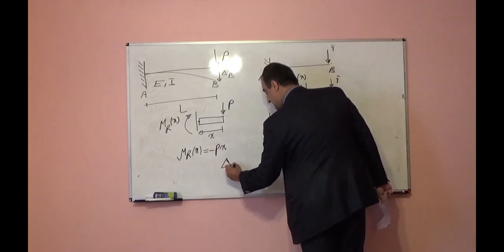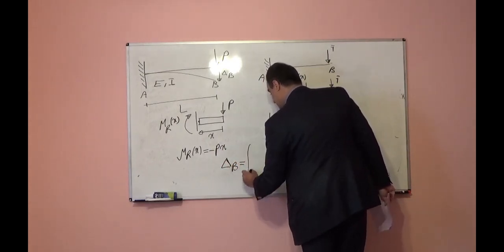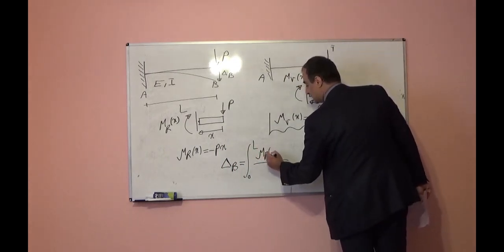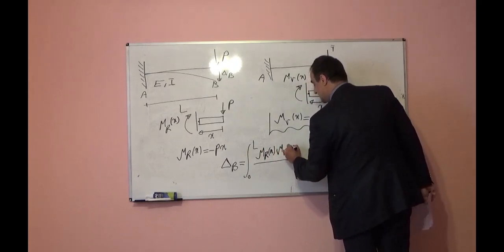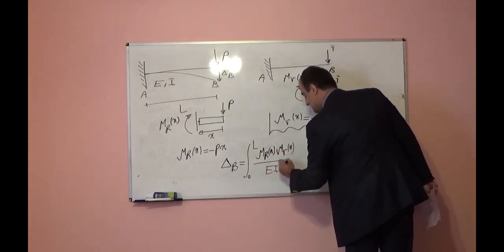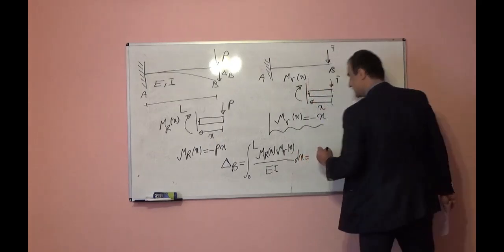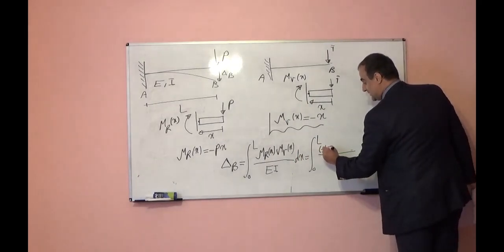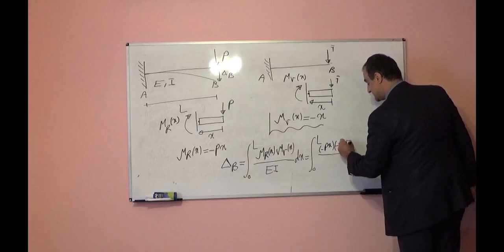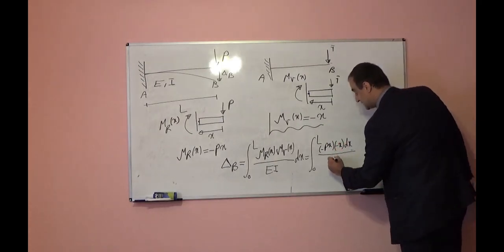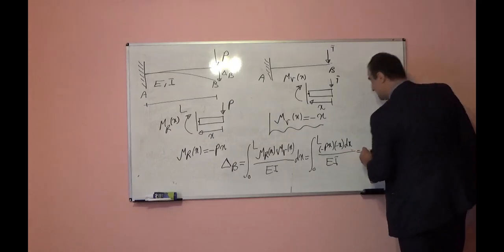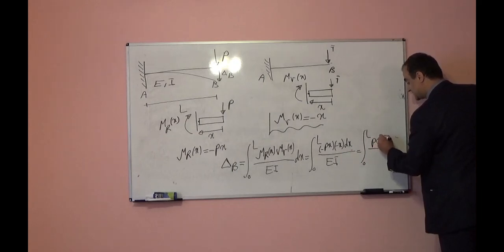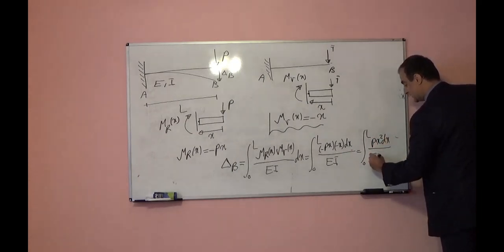Now we know delta B is equal to the integration from 0 to L of m_r(x) m_v(x) over EI times dx. From here I can write the integral from 0 to L of (-Px)(-x) dx over EI. That is equal to the integral from 0 to L of Px squared dx over EI.